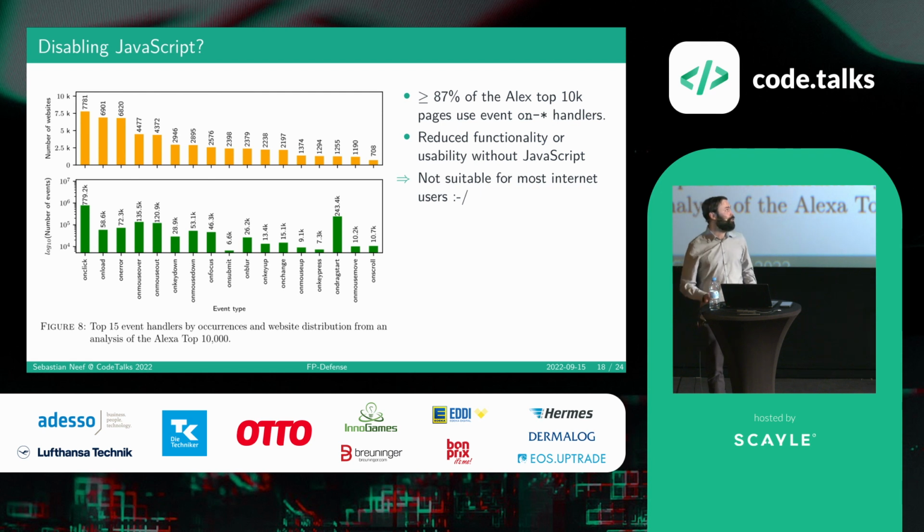The reality is that if you disable JavaScript and browse the internet, it just doesn't work, at least for modern websites, and almost all websites try to be modern. So it's maybe not the most suitable way for most users, maybe for some hardcore privacy people, but not for the average internet user.